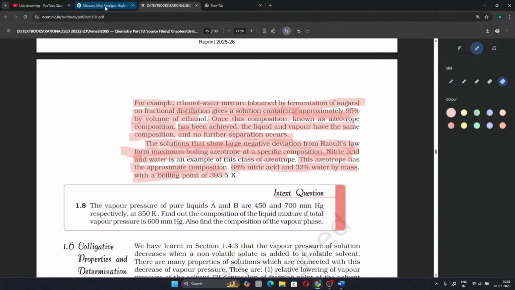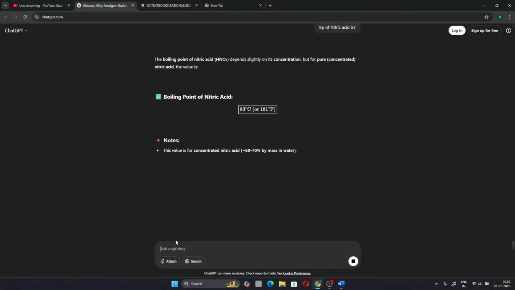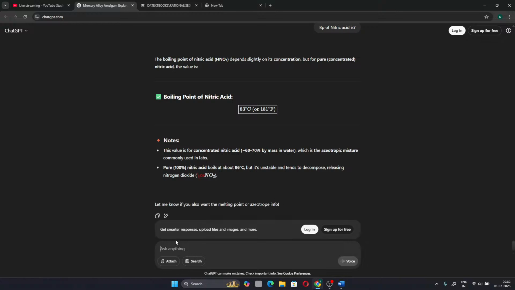I think the boiling point of nitric acid was 298 Kelvin. No. BP of nitric acid is in Kelvin.